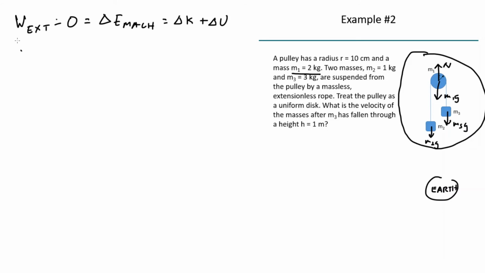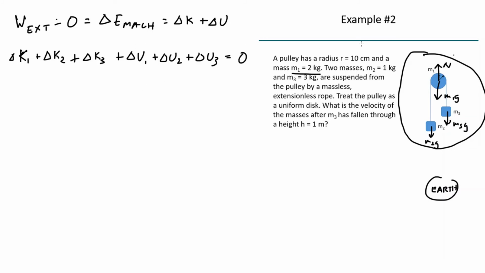We can say that delta K1, that's the change in kinetic energy of the pulley, plus delta K2, the change in kinetic energy of m2, plus delta K3, the change in kinetic energy of m3, plus delta U1, plus delta U2, plus delta U3, the change in potential energy of all three objects, all adds up to 0.